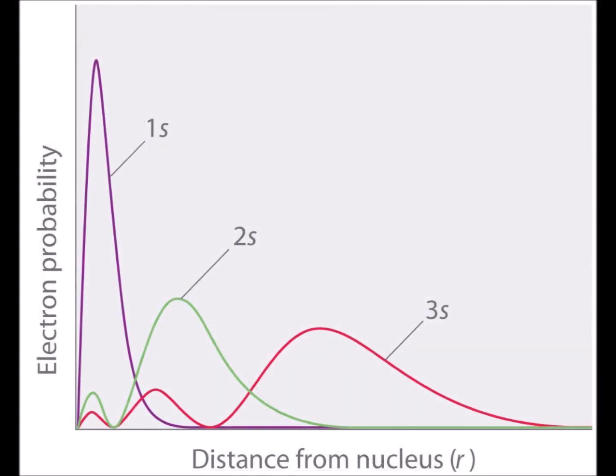If you look at this graph, we've now added a couple of energy levels. The 1s plot is really the same plot we saw in the previous graph. Now we've added the n equals 2 and n equals 3 levels. Now notice that the probability as a function of distance for the 2 and the 3, the amplitude is less.